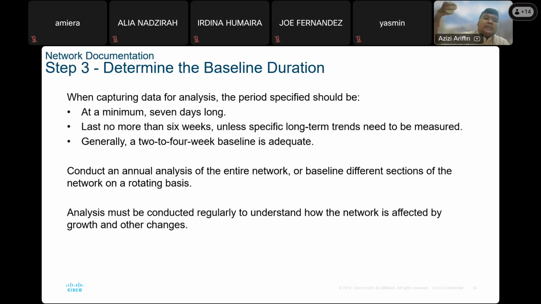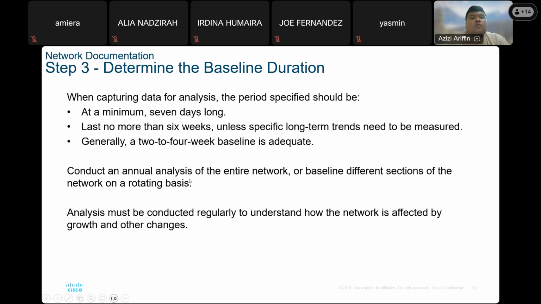But during peak time, from 10 to 2 p.m., where everybody is using the network to do their work, there will be a spike in traffic. So when we collect for 7 days, we know what is the normal behavior of the network, right?